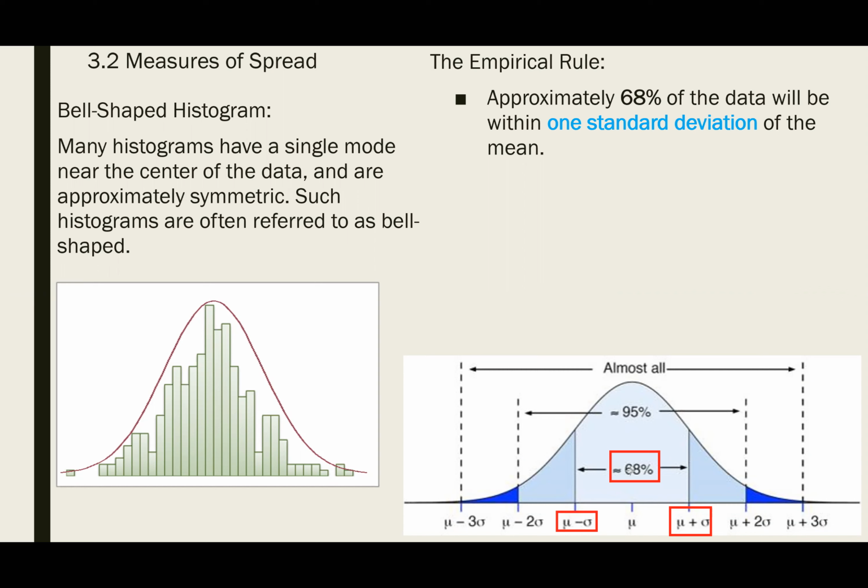For instance, to put it in numbers perspective, if I have 100 students, and whatever the average grade is, within one standard deviation, 68 students out of the 100 that I have will be between this grade and this point, whatever the lower point and the upper point are. That will be 68% of my data.